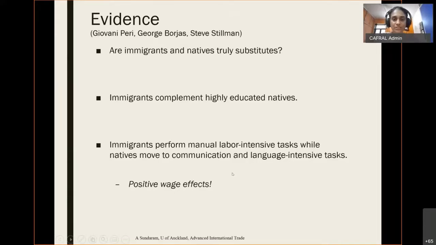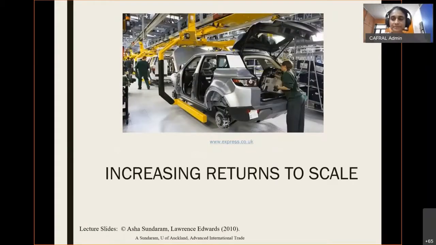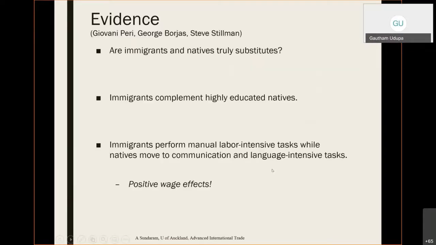Okay, any questions? I think there are two important questions. One is the assumption or the result that the economy absorbs all the excess resources. Behind that there is an assumption of full employment.